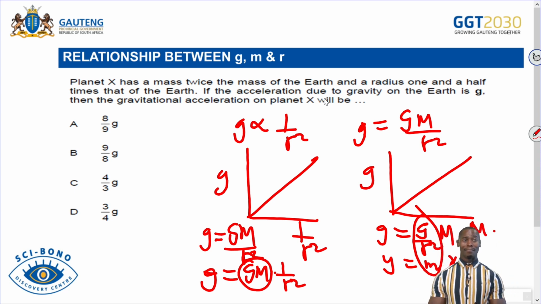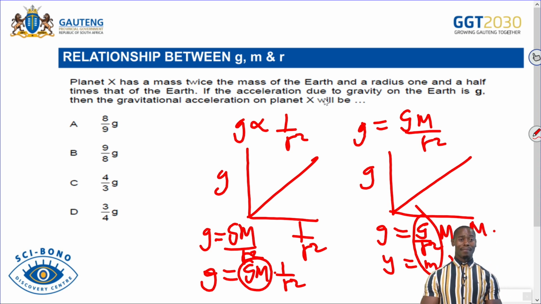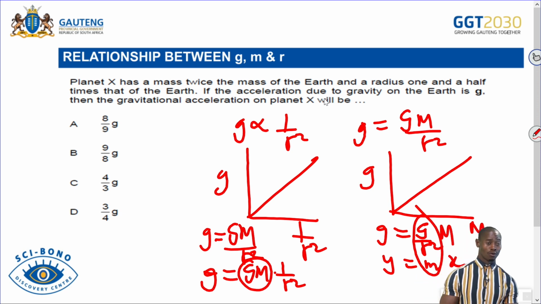Planet X has a mass twice the mass of the Earth and a radius 1.5 times that of the Earth. If the acceleration due to gravity on Earth is g, then the acceleration due to gravity, or gravitational acceleration, on planet X will be?